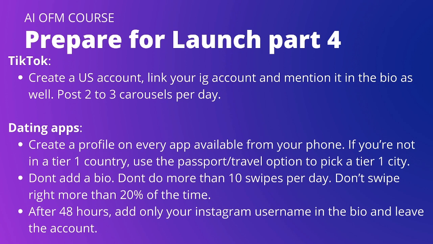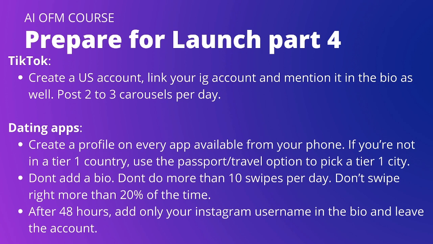After a couple of days, 48 hours, you write the bio, but the bio should only be your Instagram username, and that's it. Just leave the account as it is. Now people who are just scrolling might come across the account, and the only information about you will be the Instagram username.